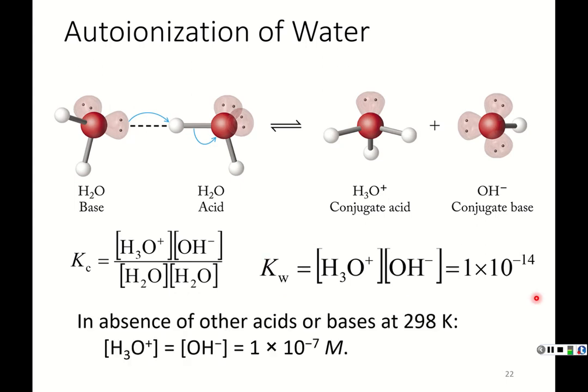Okay, so in the absence of other acids or bases, this H plus concentration is going to equal our OH minus concentration. So using that Kw expression, you can calculate them. They'll both be 1 times 10 to the minus 7th molar. Okay, again, that's in the absence of any other acids or bases.